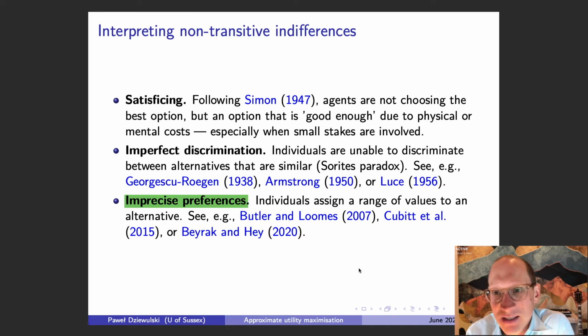One manifestation of this could be, for example, that individuals evaluate lotteries using intervals of certainty equivalence, rather than individual values, which shows that there is some fuzziness around indifferences. Even though the distinction between money and lotteries is quite straightforward, right? So it's different from imperfect discrimination.